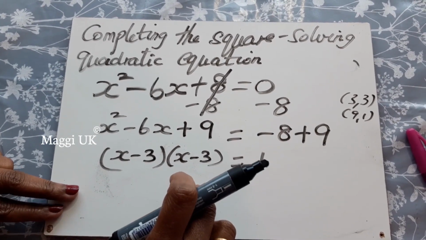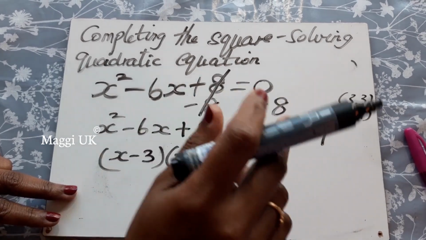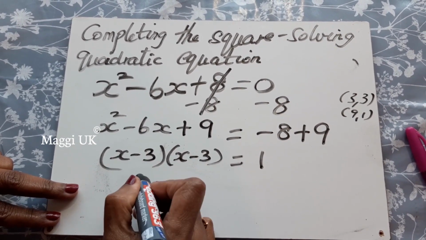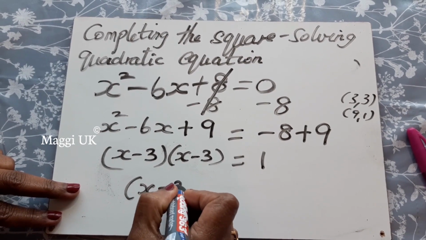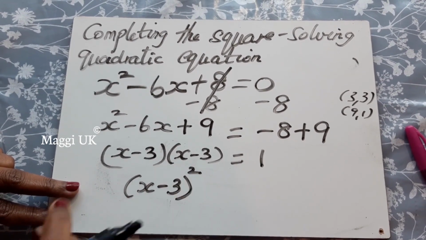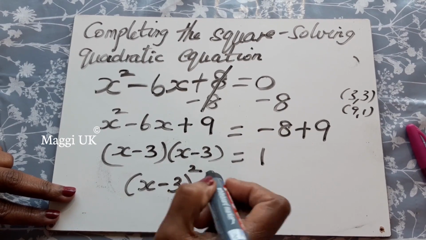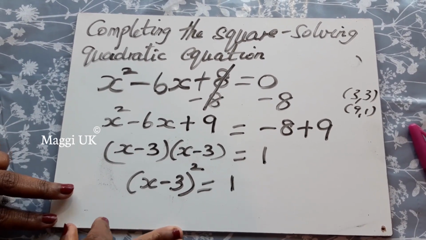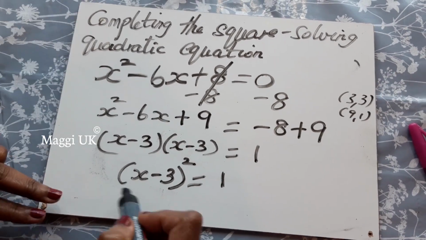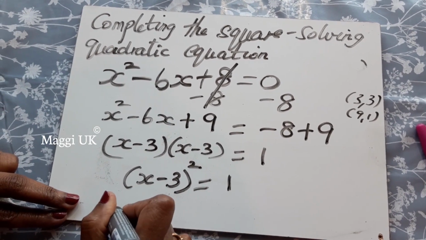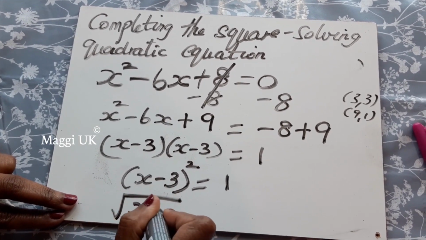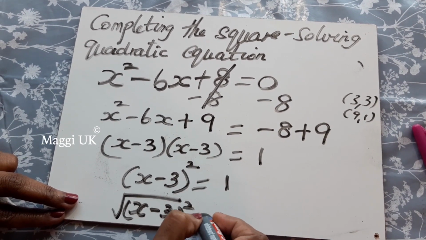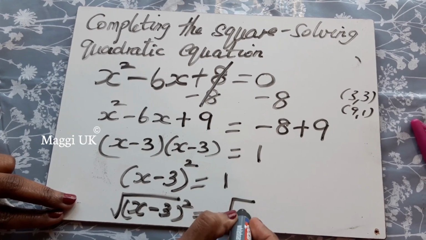Now when you have x minus 3 and x minus 3, because it's the same, we can write x minus 3 the whole squared, which is equal to 1. Now we are going to take the square root of both sides: the square root of x minus 3 the whole squared equals the square root of 1.